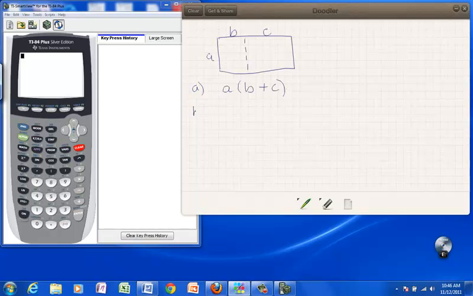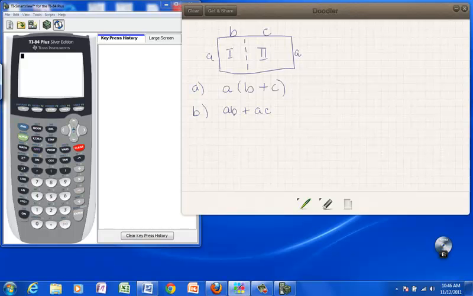Part B, write an expression for the area of the following figure by determining the areas of regions 1 and 2, and then adding the results. So the region for number 1 is A times B. The region for 2 is A times C. And if we want the whole rectangle, we would add those two results.